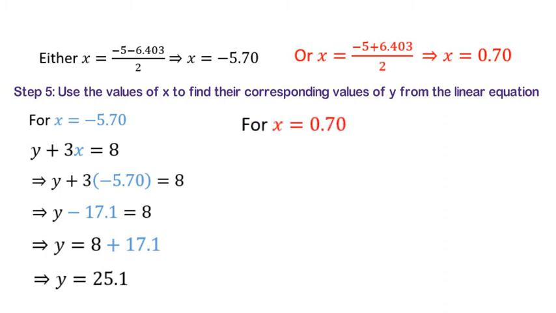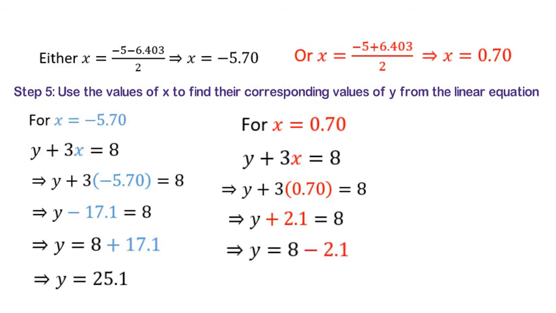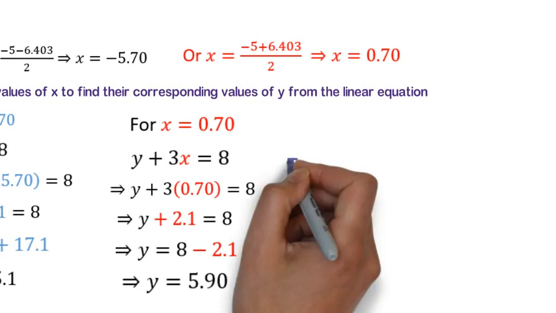For x equal to 0.70, y + 3x = 8 will give us y + 3(0.70) = 8, which will give us y + 2.1 = 8, which will give us y = 8 − 2.1, so y equal to 5.90, three significant figures.